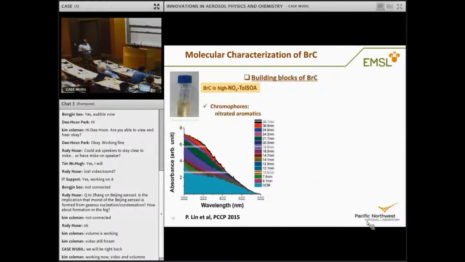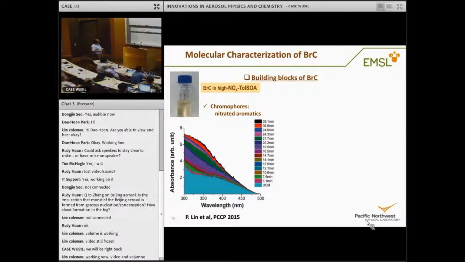So by doing this exercise, we can digest the brown carbon material and break it down to the contribution of different chromophores. This is the plot of the overall absorption by this material, the brown carbon from toluene SOA.